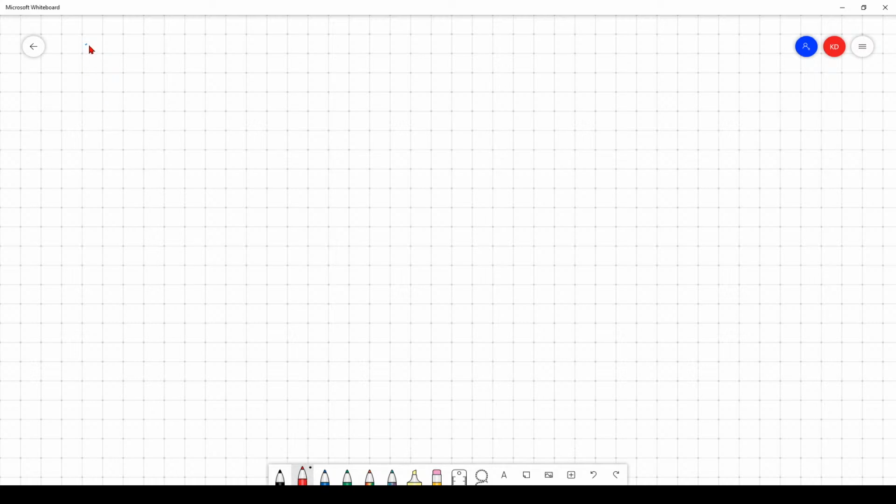Next thing is the diagrammatic presentation of bivariate data. This is called a scatter diagram.